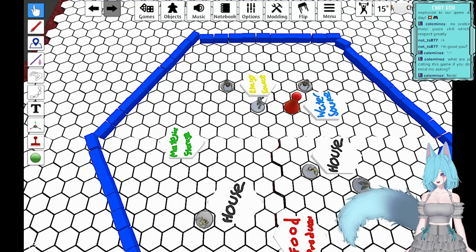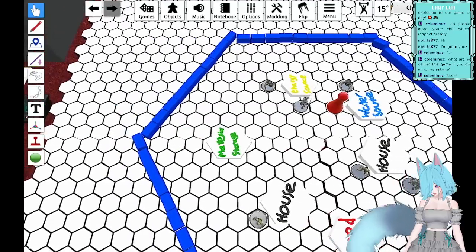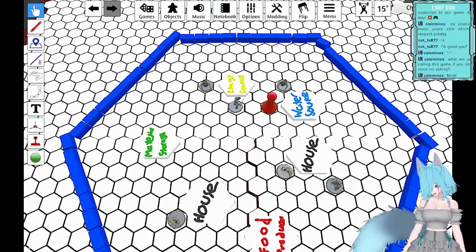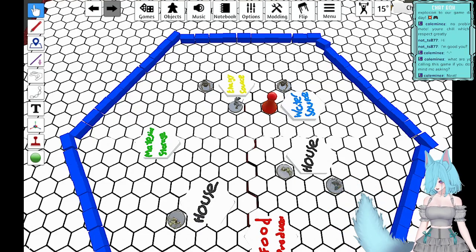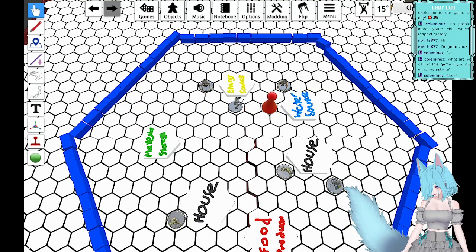Unless they get into our aura, which we do have an aura of 2, so if they get next to us in a way but not looking at us, they will feel us. That said, I think our best move right now is to move over here.